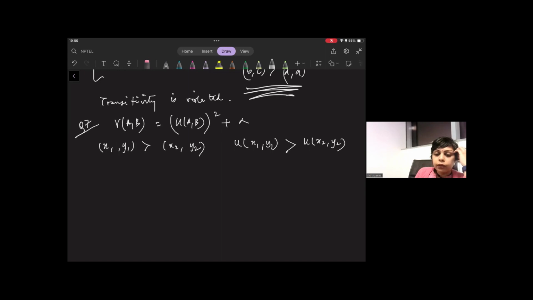So the utility function gives a mathematical expression to your preferences, but it is not a cardinal number, it's an ordinal number.